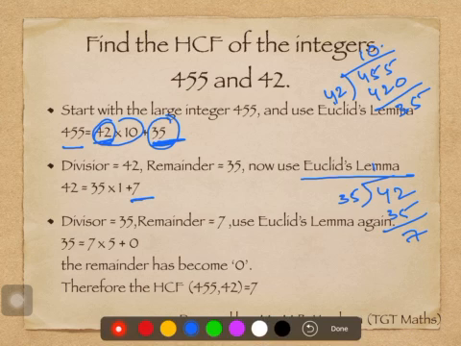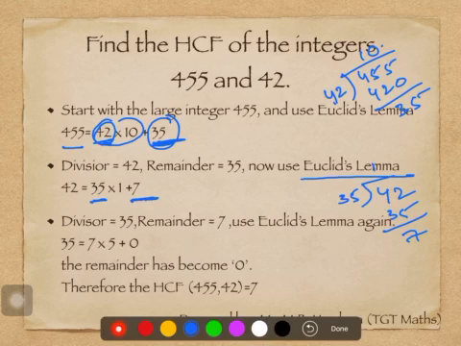Here also the remainder is not equal to 0, so we continue the process one more time. Here the divisor is 35 and the remainder is 7. Again we continue the process to get the remainder as 0.